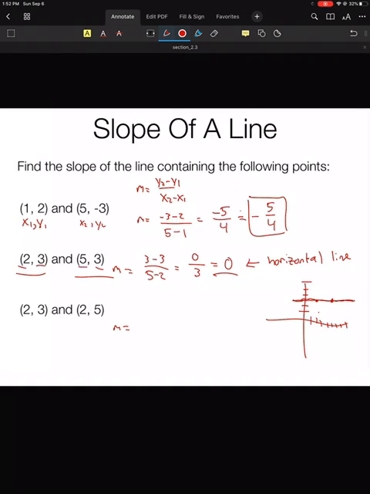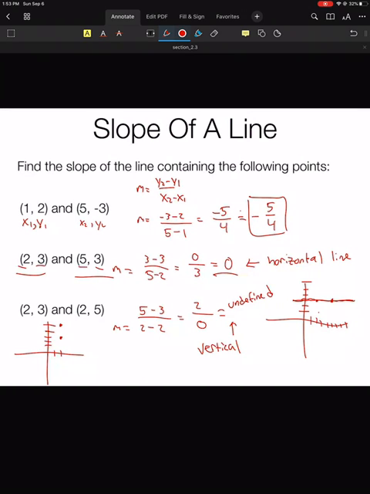Now, let's go to (2, 3) and (2, 5). Again, that's y2 minus y1 over x2 minus x1. So here we get the interesting one of 2 divided by 0. That is undefined. When I have an undefined slope, as we saw before, this is a vertical line. If you graph it here, (2, 3) is here, and (2, 5) is up here.